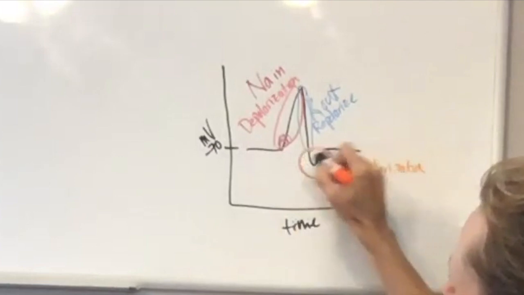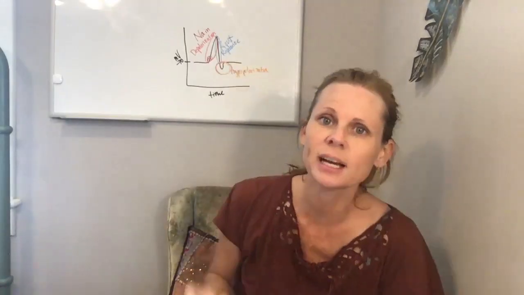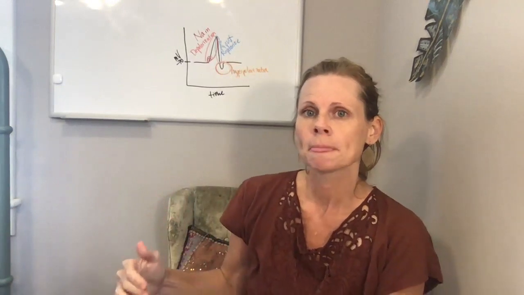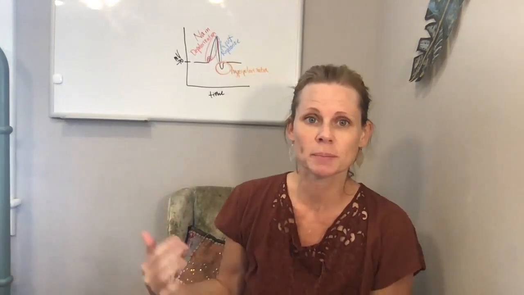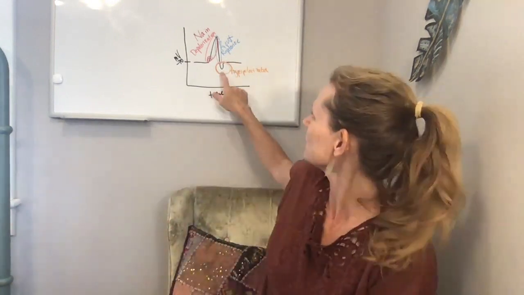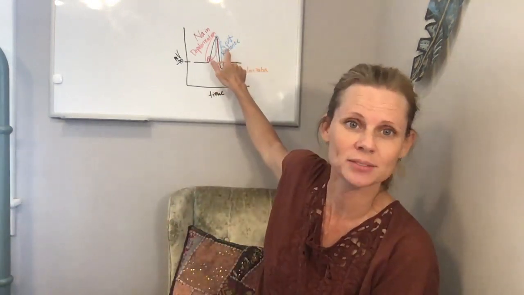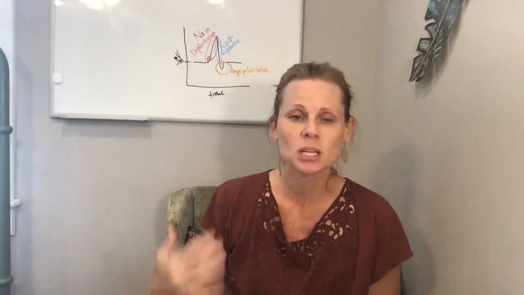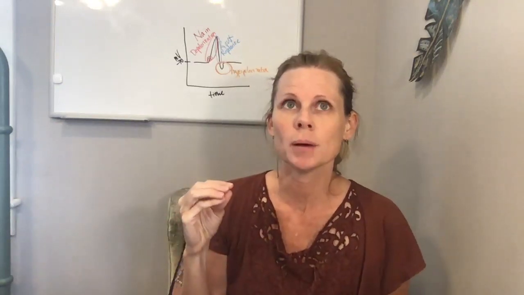So hyperpolarization then is going to be this area where it overshoots going back to resting potential. It does this because remember, a lot of negativity inside the cell when all the potassium leaves. While all of the sodium's going in and out and the potassium's moving, the sodium potassium pumps are working this whole time.